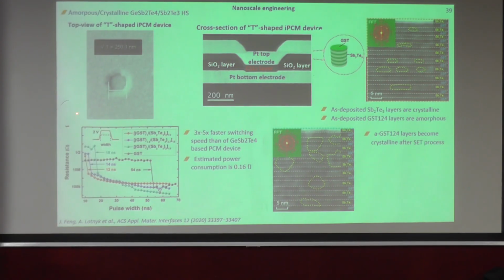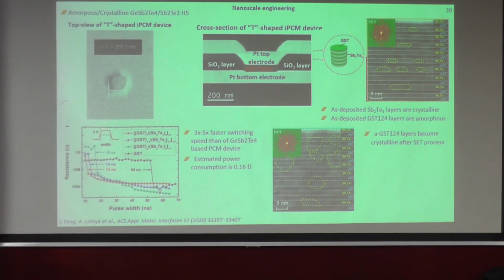And here, this graph shows you the dependence of resistance against pulse width. This is the time required to switch single-phase GST-124 to the full phase. So here you need 45 nanoseconds. But if you make a stack of GST and antimony telluride, you can reduce the switching time to between 12 and 18 nanoseconds.